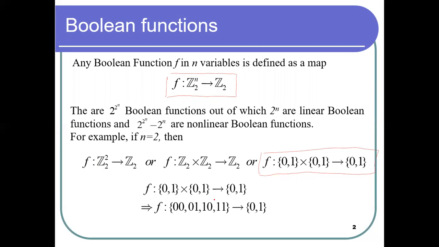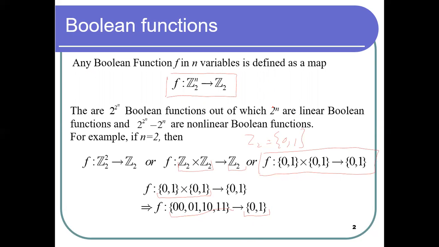In this set, I have 4 possible values, and in Z2 I have only either 0 or 1. If you look over here, this is the cross product of these two sets, and I will get 4 elements, and these 4 elements map to either 0 or 1.